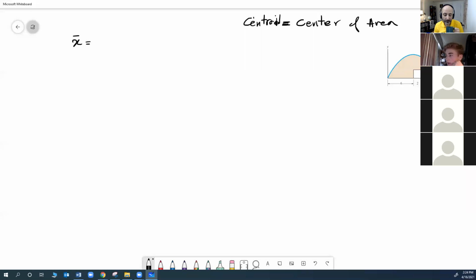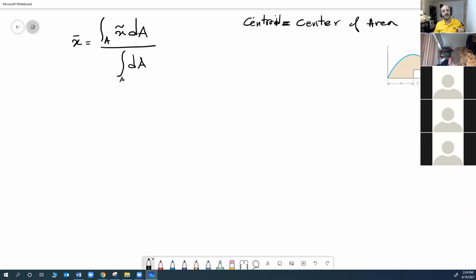The integral with respect to x over the area. Okay, so kind of, yes. It is the area integral of x tilde dA, over the area.